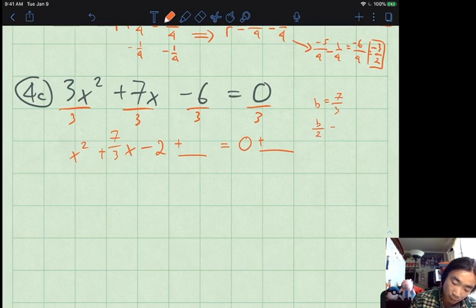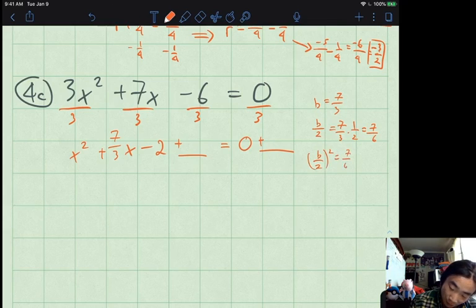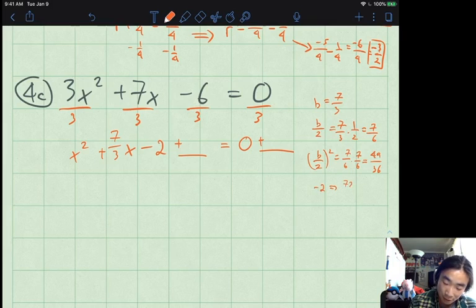As we do our b arithmetic, b over 2 is 7 over 3 times 1/2, 7 over 6. Yeah, that's not as nice, right? Because then you've got to mental math more fractions. But maybe that works for you. 7 over 6 times 7 over 6, 49 over 36. So we want to get to 49 over 36, but we're at negative 2, which looks like negative 72 over 36.